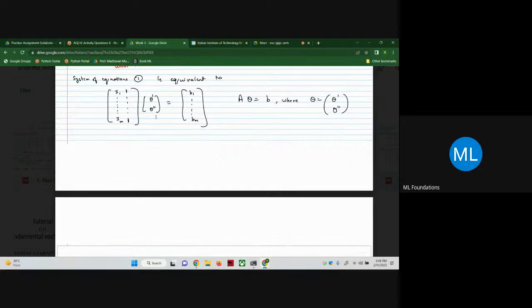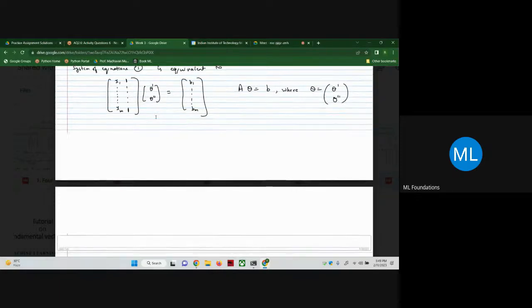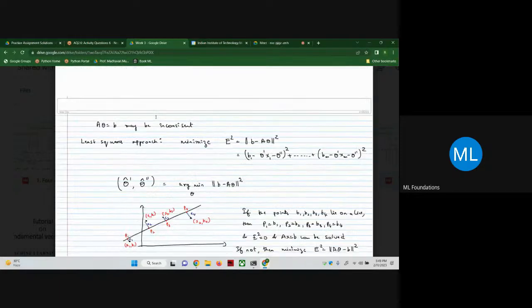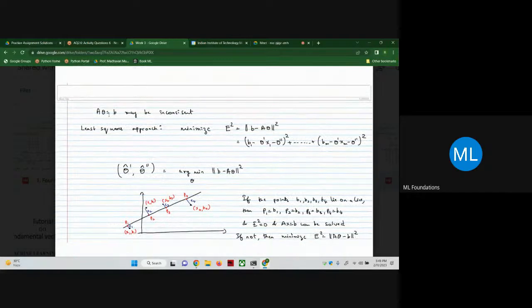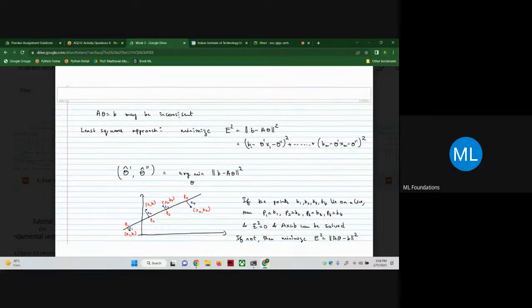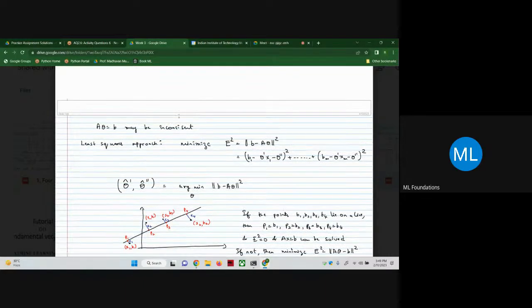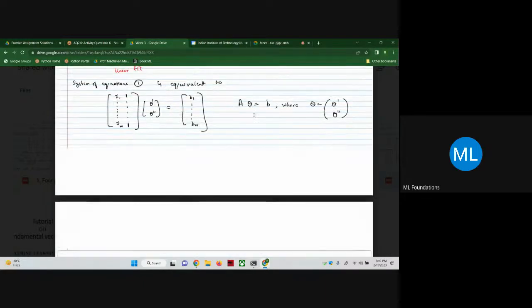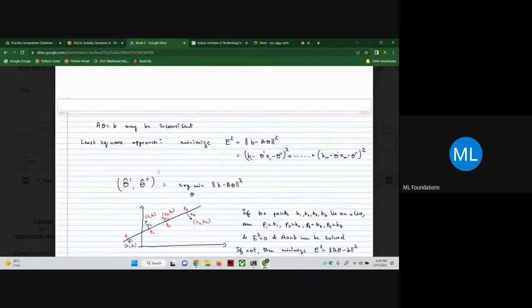But if the b vector does not belong to the column space of A, then there is going to be some error. So A theta equals b may be inconsistent. What they're trying to say is it may not have an actual solution, so we might need to be projecting it.